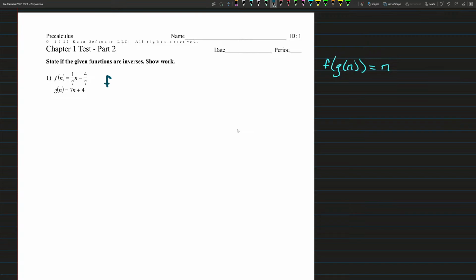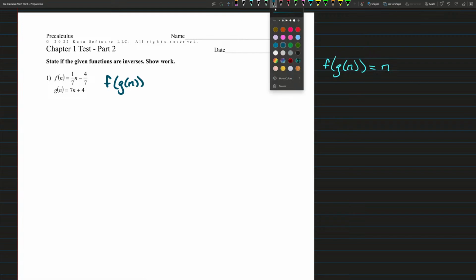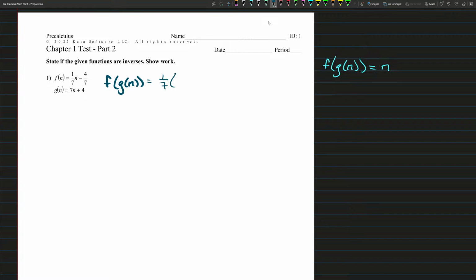So f of g of n is going to be equal to 1/7 times the input, which in this case is 7n plus 4, and then minus 4/7. Those are the two functions composed. So we get n plus 4/7 minus 4/7, which is just equal to n. So then f and g are inverses.